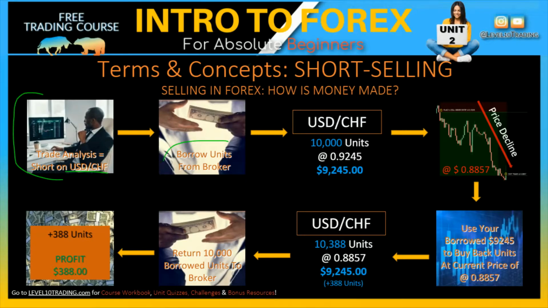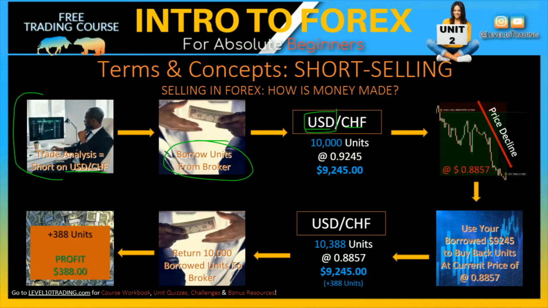You contact your broker and you borrow enough for your trade size, and in this case, it's 10,000 units or dollars, because we are trading the dollar franc. And remember what we're doing, we're always doing to the base currency, which is the very first currency that's listed. So in this case, it's actually American dollars.